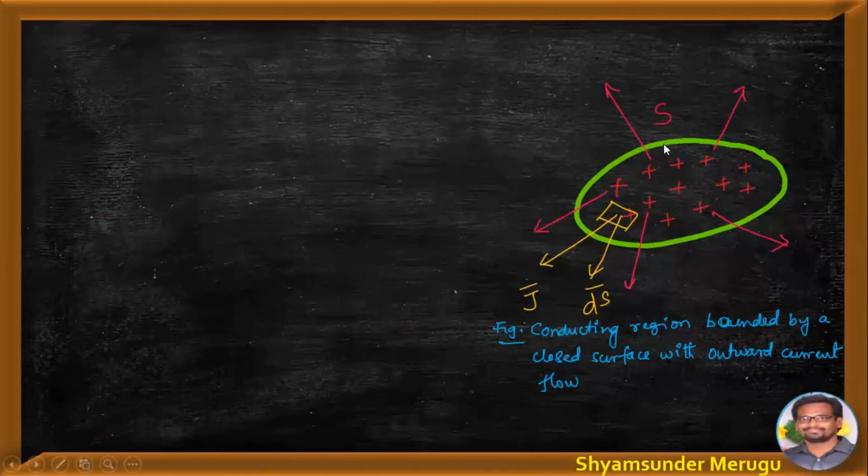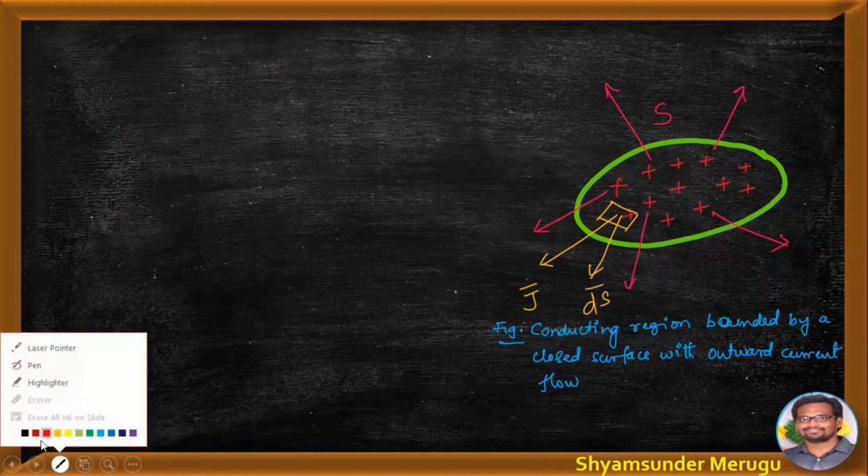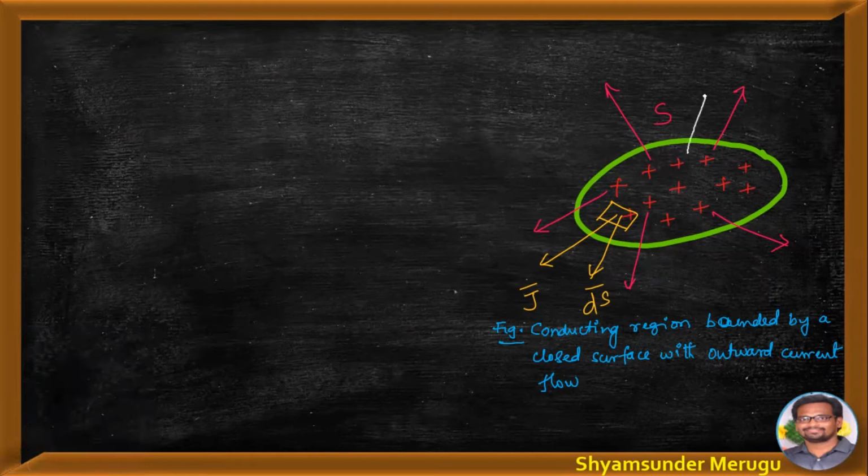Let us consider a closed surface, and within this conducting region, the volume charge density that we can consider as rho v.